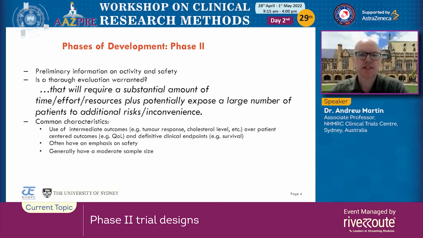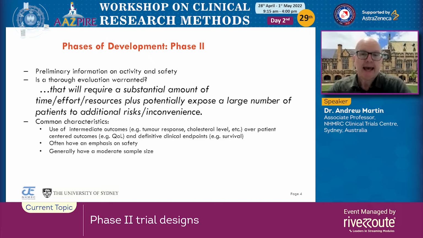Another reason they can generally have a smaller sample size is that they are looking at an intervention's activity on some intermediate endpoint that has been chosen because of its likely sensitivity to the effects of the treatment. So an example in oncology of an intermediate endpoint could be tumor response, tumor shrinkage, or maybe even progression-free survival.